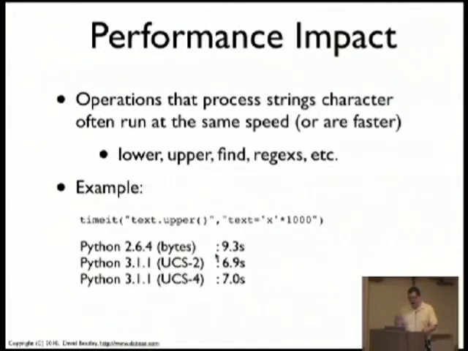The reasons for that are a little bit subtle, but operations like lower and upper and regexes actually process strings on a character by character basis. If you look at the implementation, it's looping over characters. And it turns out that for processors, there's not really a performance difference between looping over bytes versus looping over shorts or ints.